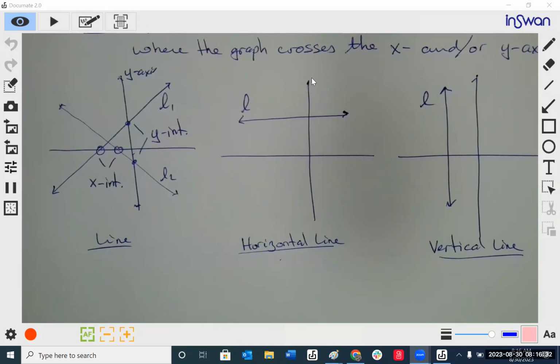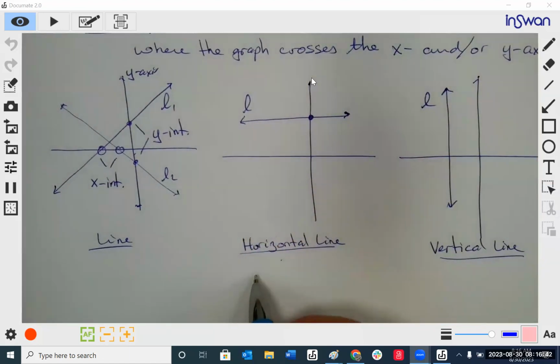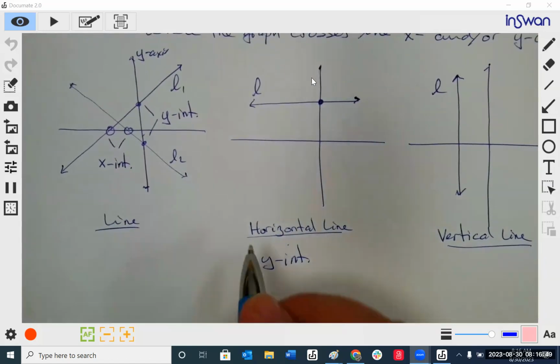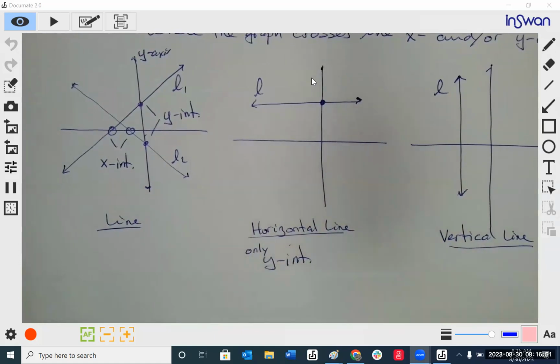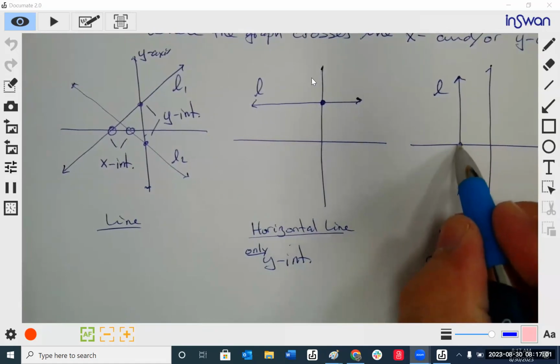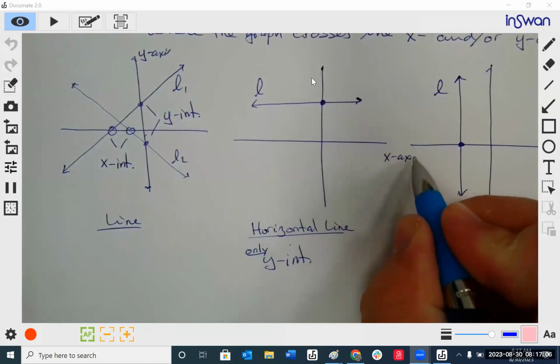Do you always have to have x and y-intercepts? No, we just proved with these other ones. You don't have to. If it's a horizontal line, you only have a y-intercept. If it's a vertical line, you only have an x-intercept because it only crosses the x-axis. This is the x-axis.